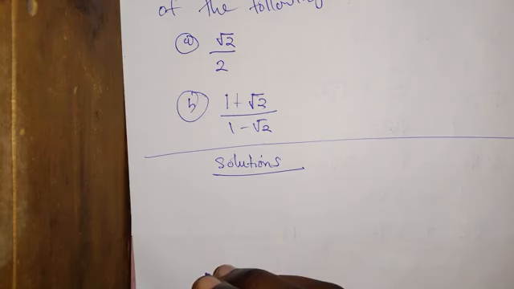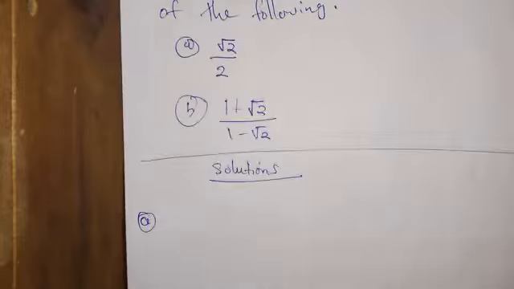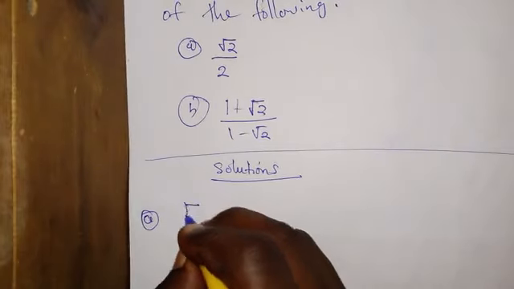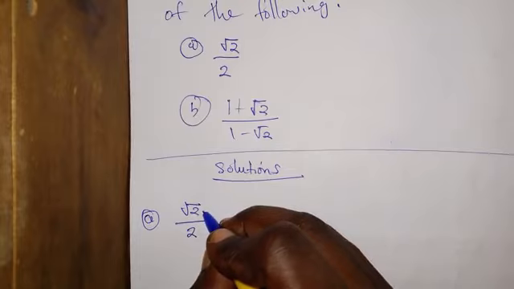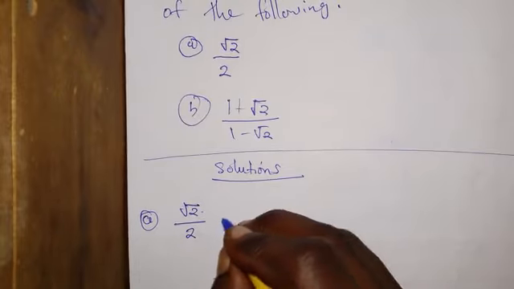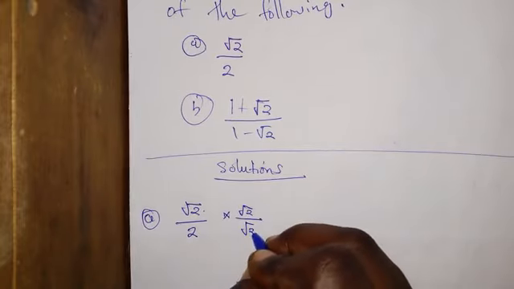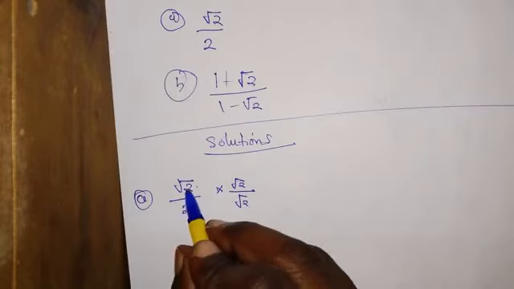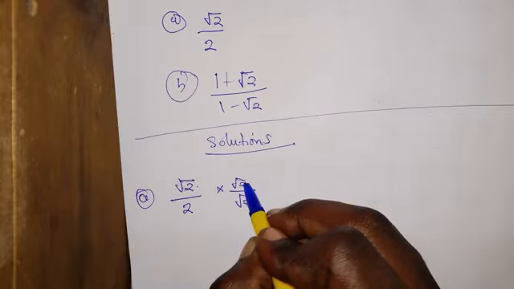It can either be from conjugates or you have to analyze what you are dealing with. So if we have root of 2 over 2, we want to make sure that the numerator is free from a radical. We're going to multiply by root of 2 over root of 2. Why? Because root 2 times root 2, we're going to end up with a 2.